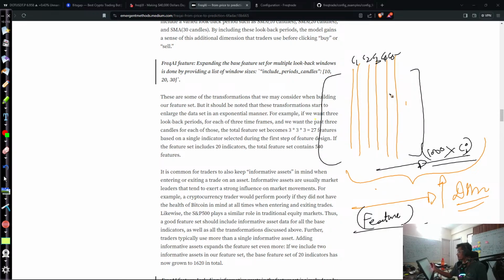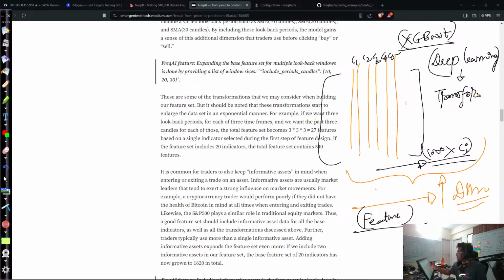With XGBoost it really works well, but I can't say the same for deep learning models, although there's an exception with transformer-based architectures. And we're going to be working on a liquid neural network later on, which has a lot fewer parameters.